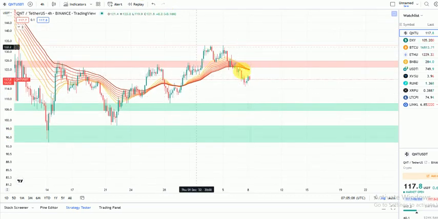So we probably could see the price of Quant push down, as our next major support for Quant is the 108. If for any reason we are not able to hold the 108, then we are coming down to the 100 to 96, like we said before.